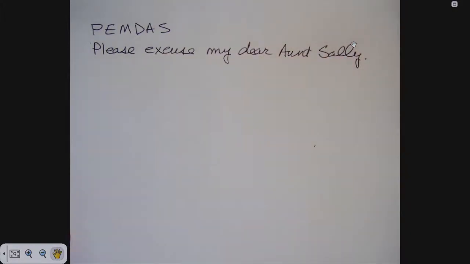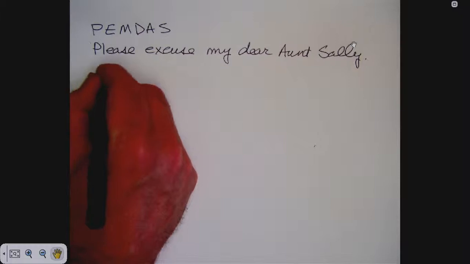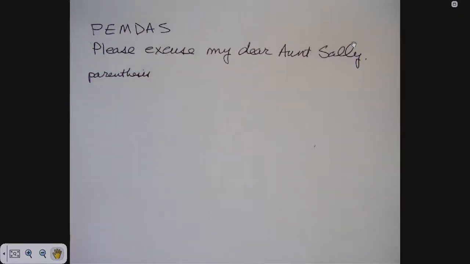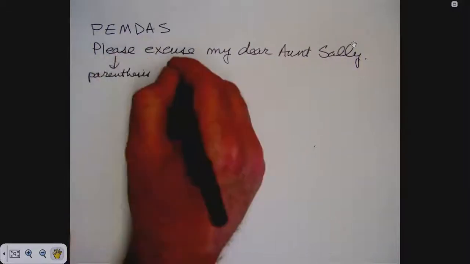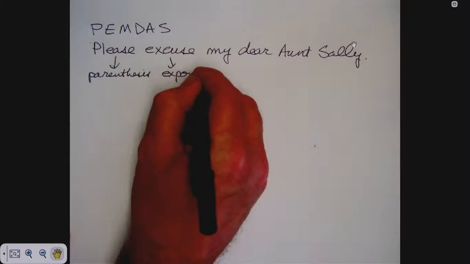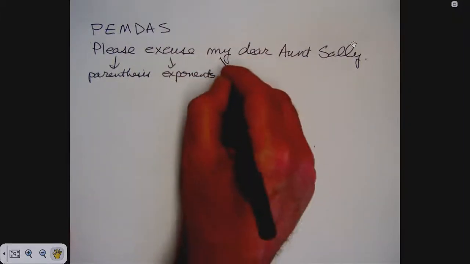And what please excuse my dear Aunt Sally or PEMDAS means is the P stands for, as you may recall, parentheses or other grouping symbols. The E stands for exponents. The M stands for multiplication.